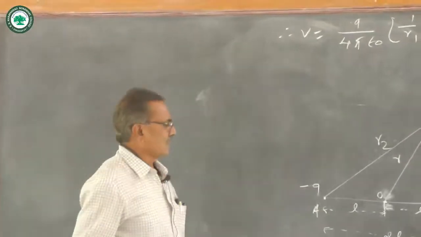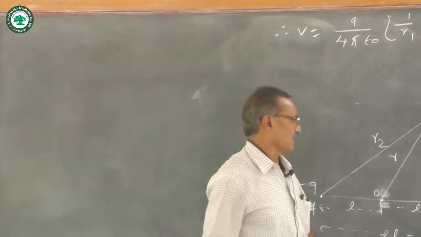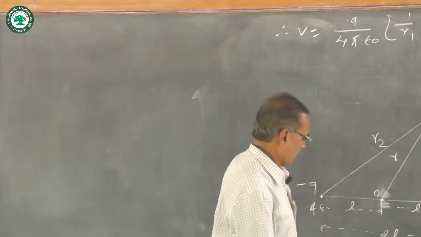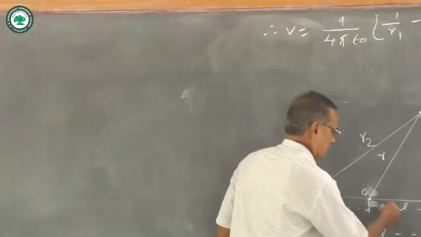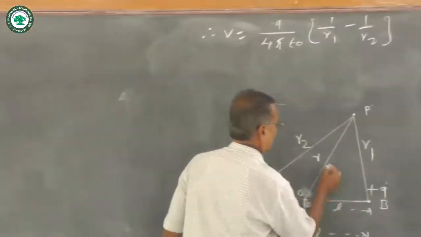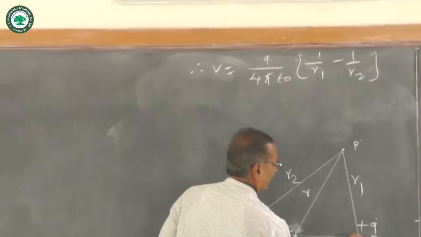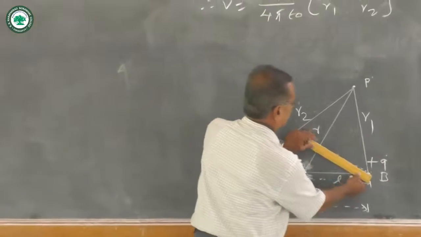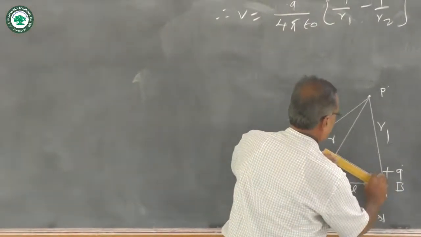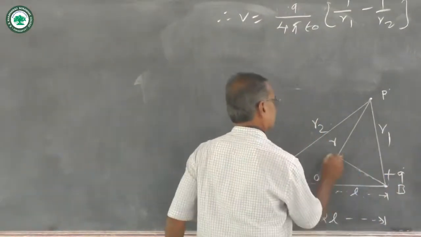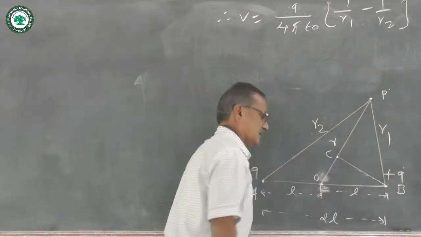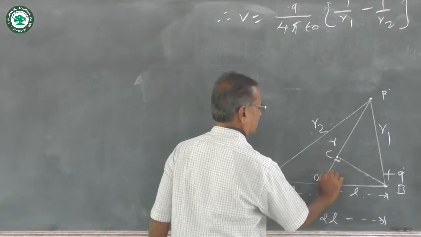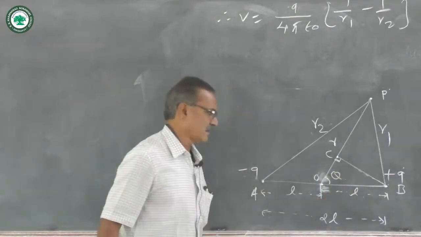Now we can find out R1 and R2 from the geometry. Take the perpendicular on OP from point B. Now this is the perpendicular. Suppose the point is C. Here is a right angle, and here is angle theta.